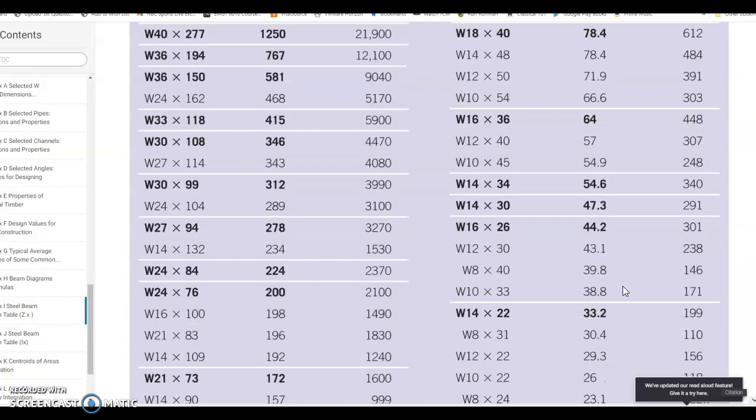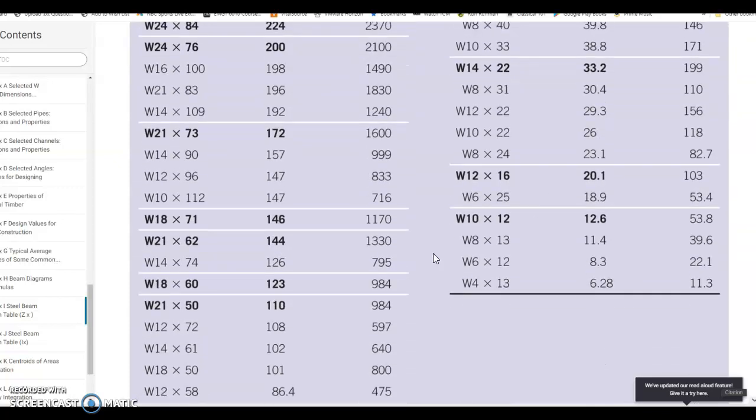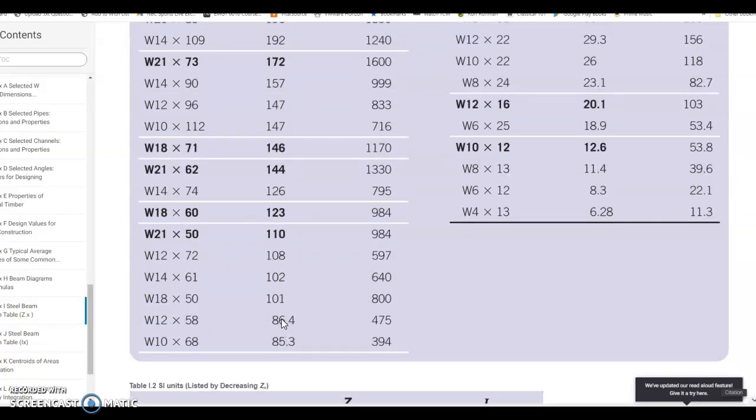I'm looking for one that's at least 93, so they're sorted in order here, and it looks like W18 by 50 would work. But the way this table is organized is if I go up to the next bold entry, that is more efficient. So I've got an 18 by 50 or a 21 by 50.